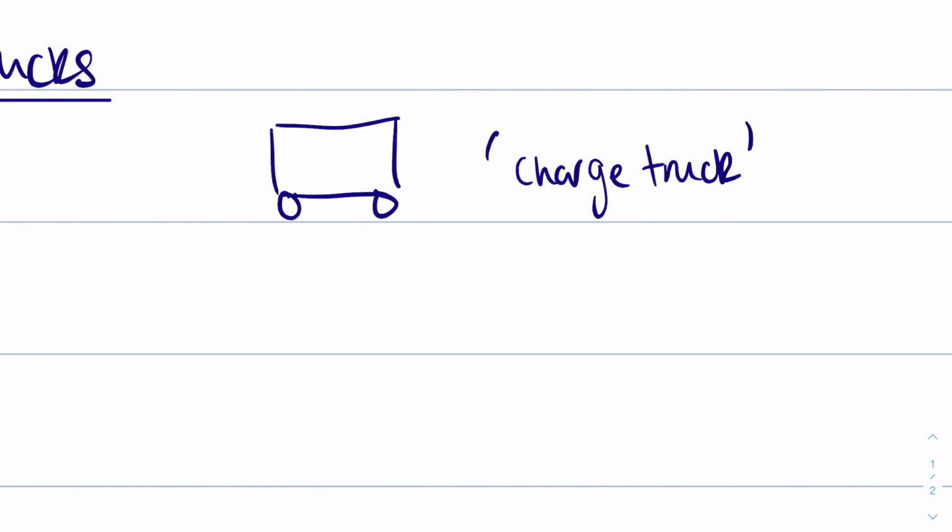The truck really is sort of packets of electrons making up some amount of charge, because the electron has a fundamental amount of charge per electron. But for now, and especially for GCSE, we can think of it as a charge truck.